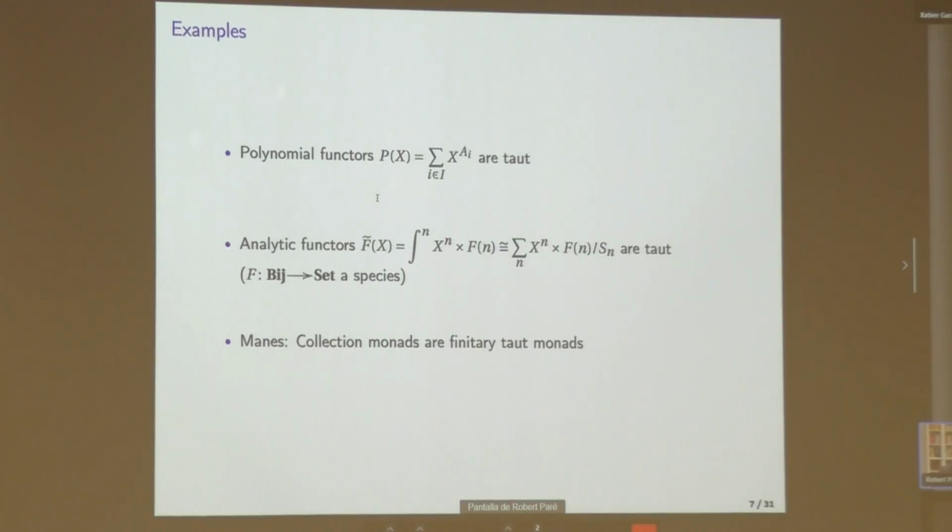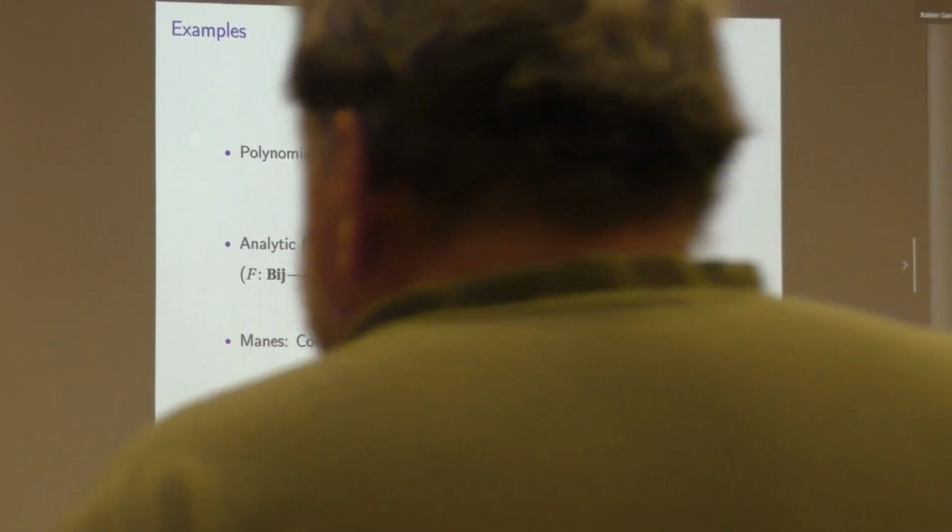And Ernie Manes said that collection monads are finitary top monads. I'm not sure if he was taking that as a definition or a characterization. Collection monads existed before that paper, so I suppose it was a characterization of collection monads. So that's why he was interested in these top things.